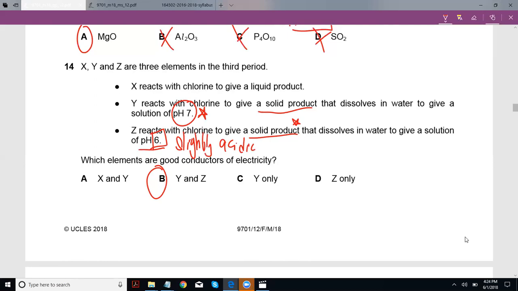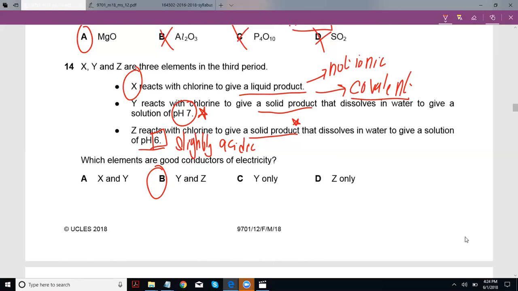However, in the case of X, it's forming a liquid product, indicating that this is not ionic. It's probably covalent, because if it's covalent, then it would have van der Waals forces or permanent dipoles between the molecules, which aren't that strong, which is why it's liquid. Ionic bonds are pretty strong, so they exist as an ionic lattice, and that's going to be solid.